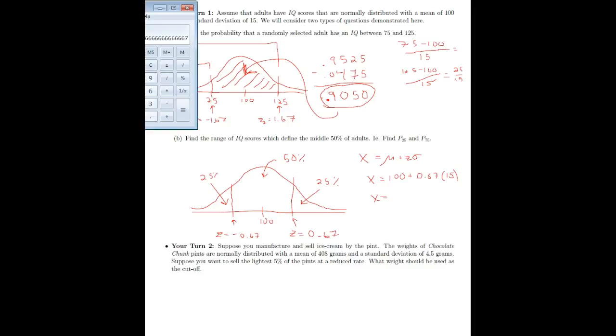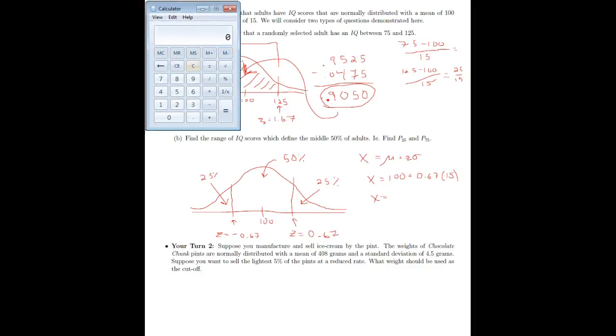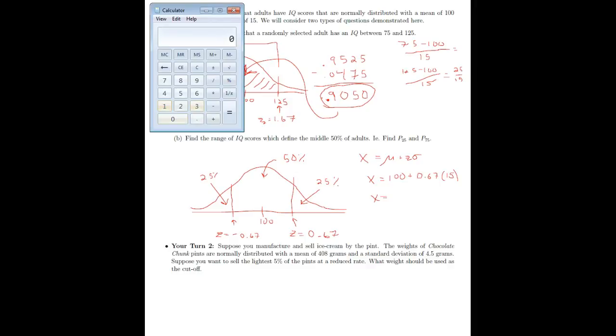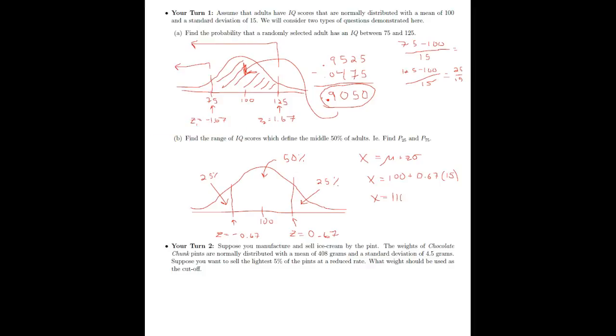I'll pull one up right now. 0.67 times 15 is 10.05 plus 100 turns out to be 110.05. So 110.05 is the upper bound.